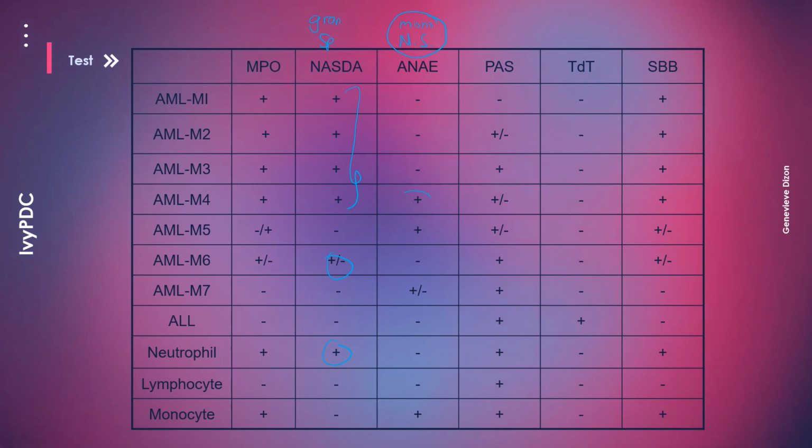So that would be M4, which is myelomonocytic, M5 monocytic, and of course the monocytes. M7 is megakaryocytic, and as mentioned in the discussion, megakaryocytes may be positive for non-specific esterase.